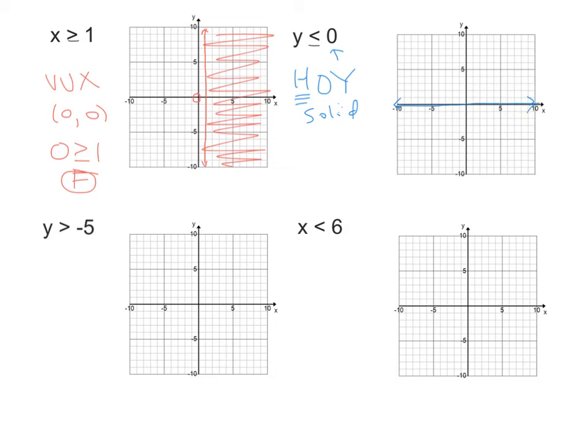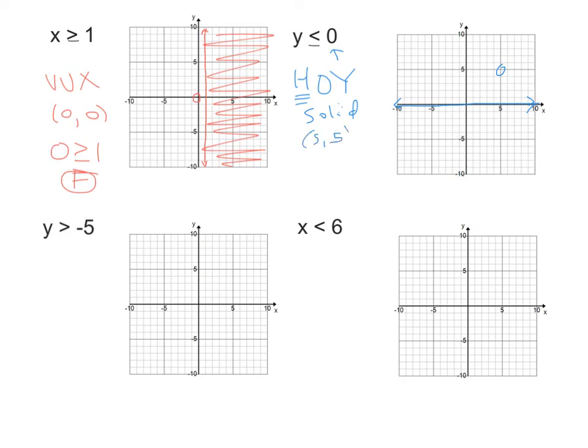All right. Now, when we test a point right now, can we test the point 0, 0? Well, no, we can't, because if we test that point and it's true, which way do we shade? Or if it's false, which way do we shade? We can't decide. So let's pick a different point. And again, my backup is usually 5, 5. I don't know why. I just typically use 5, 5. So I'm going to test my point 5, 5.